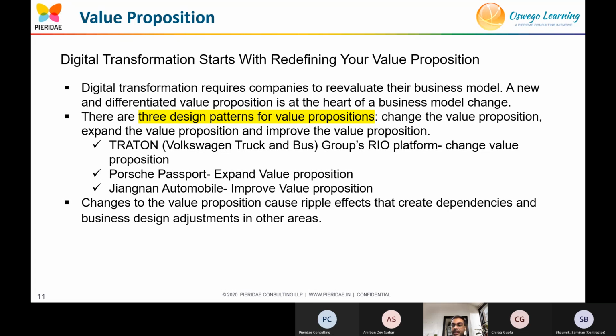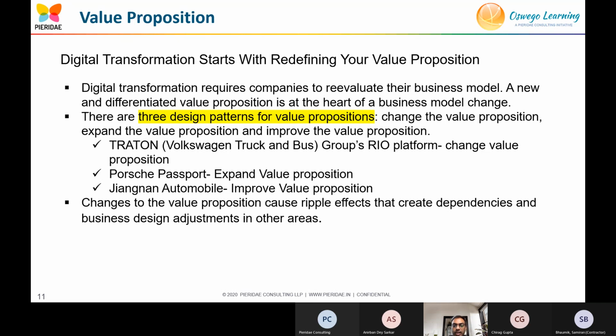What is the need? They can still continue to sell trucks and buses and earn revenue from there. But what additional value are they giving? Why should customers stick to Volkswagen? Why not others? If Volkswagen doesn't do it, somebody else will. They'll create this platform and try to bring everybody onto their platform. So Volkswagen has started this platform Rio, and it's open to all.